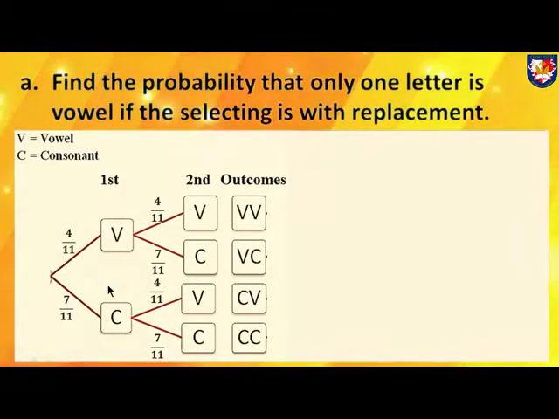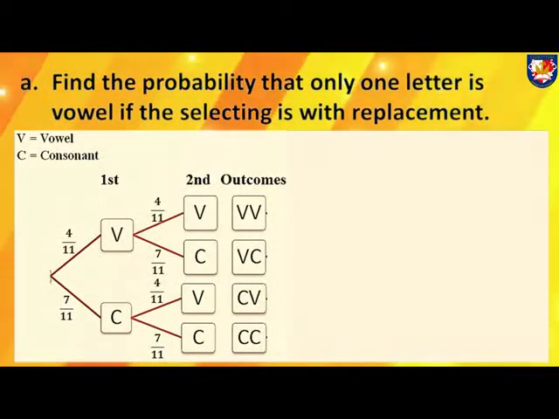So the probability of a vowel at the second draw, if you got a vowel at the first, is the same, 4 per 11, and the consonant is also 7 per 11. And so with the first draw consonant, it is still 4 per 11 for vowel and 7 per 11 for consonant, because you return the selected letter.